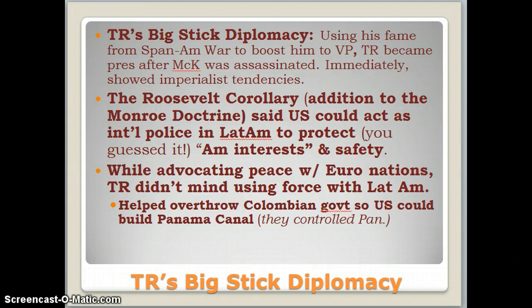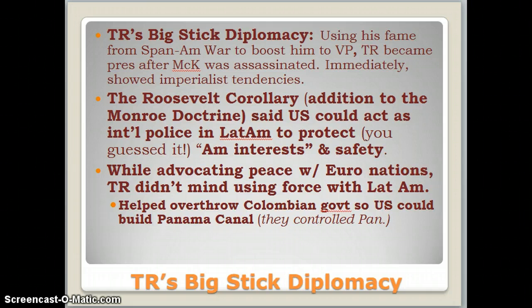So while the whole time he says European nations need to stop warring with each other, they need to start making peace with each other, European nations are crazy, man, the whole time he keeps saying stuff like this, he doesn't mind using force in Latin America. For instance, he helps overthrow the Colombian government so that the United States can build the Panama Canal there. Why? Because Colombia controlled Panama.